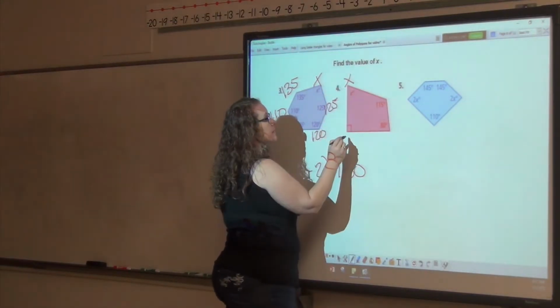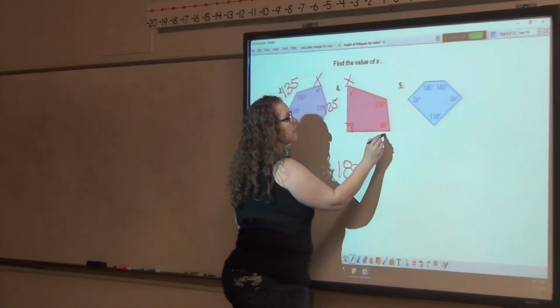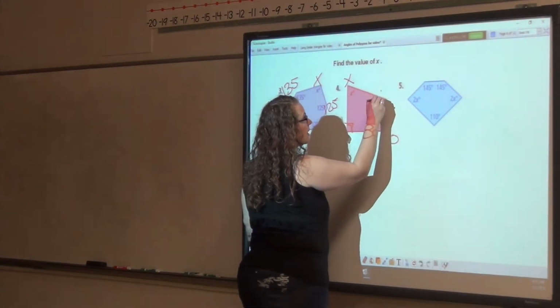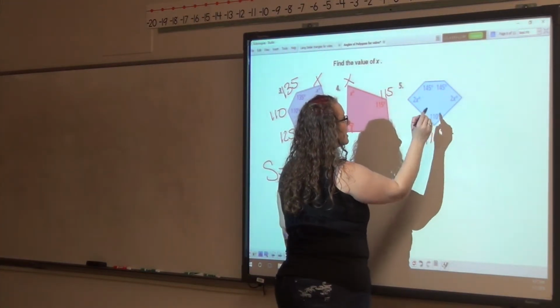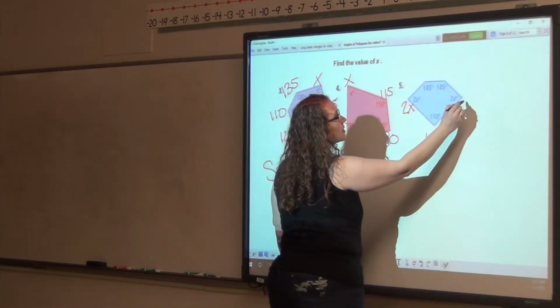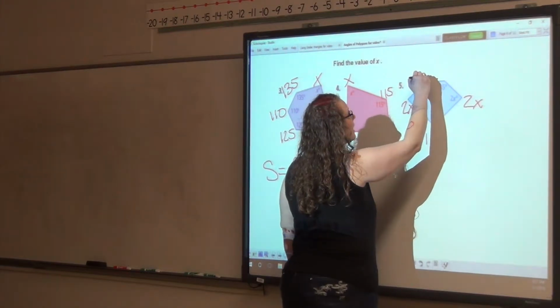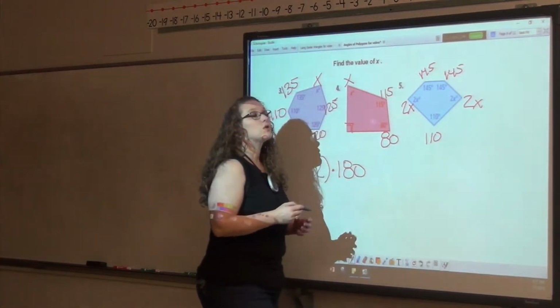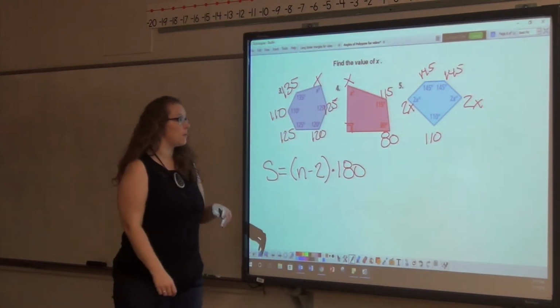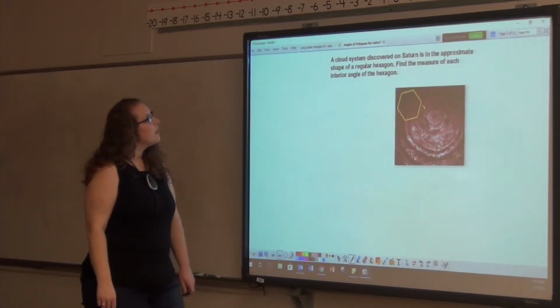This one here is x. This one has that box right there. This one is 80 degrees, and this one is 115, so solve that one as well. This one is 110, this one is 2x, this one is also 2x, and these are each 145 degrees. So solve for each of those 3, and we will talk about them in class tomorrow.